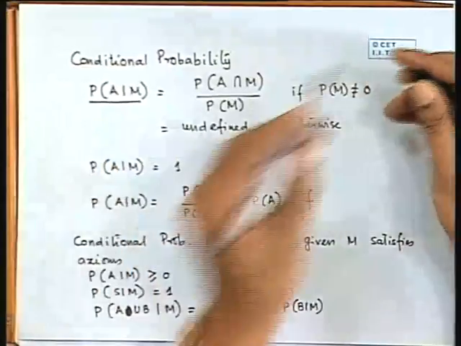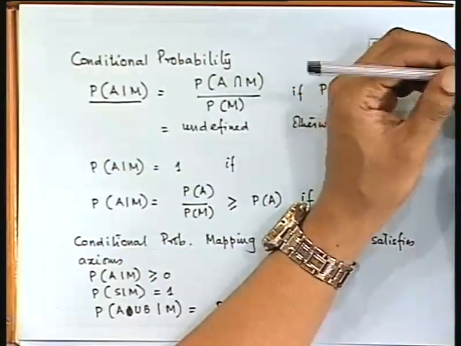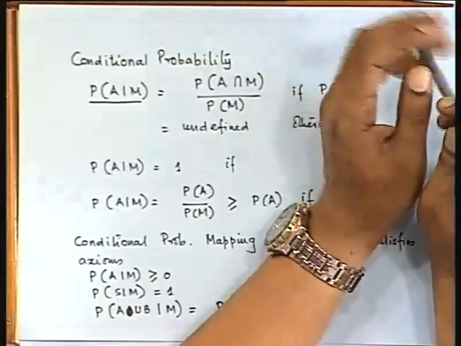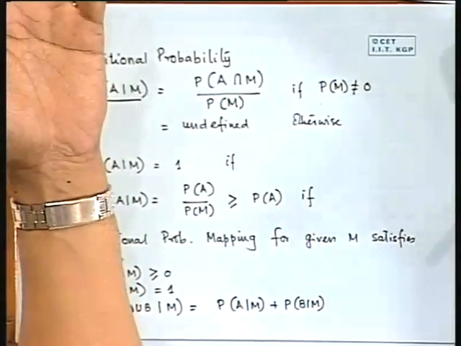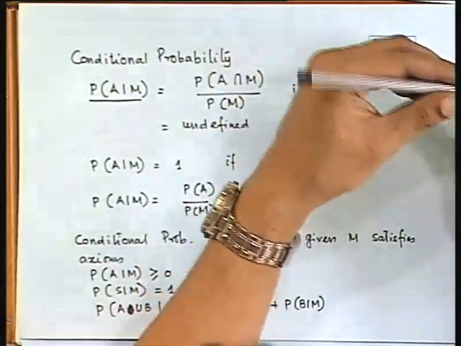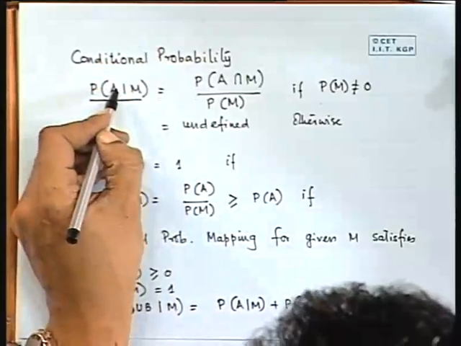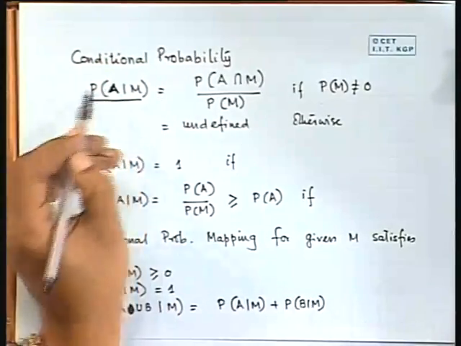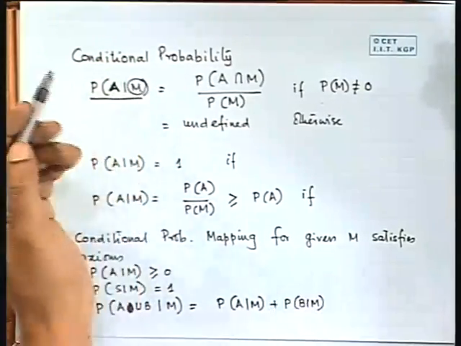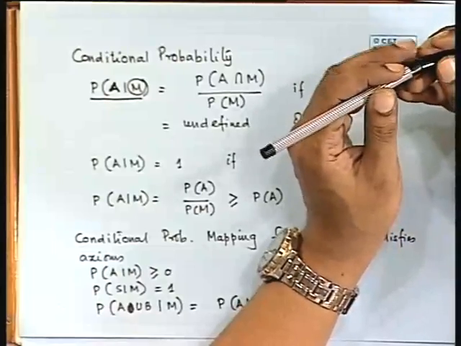So this notation says that A is an event and M is another event of my probability space. Now, what is the probability of A given that M has occurred? So you are told.